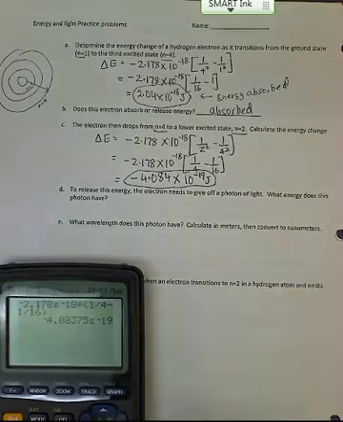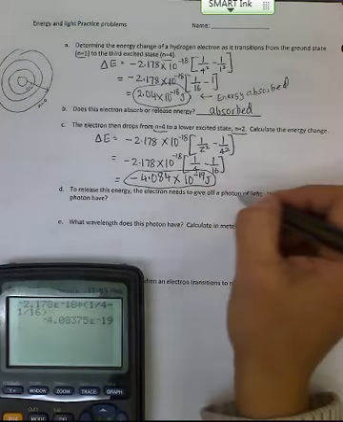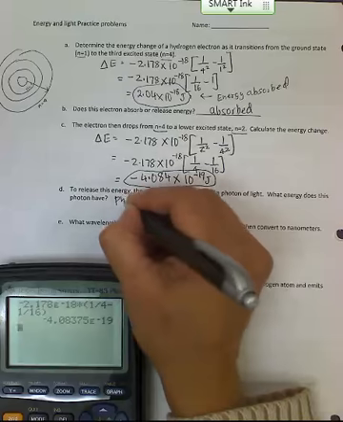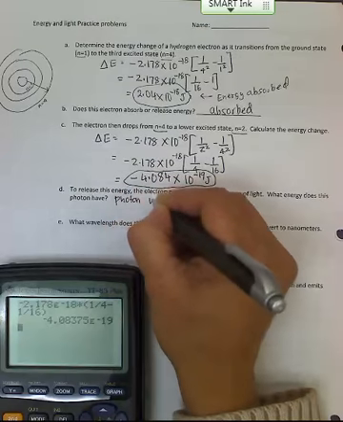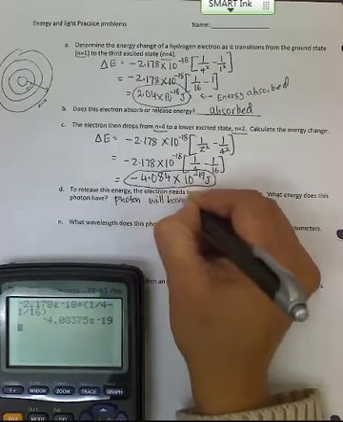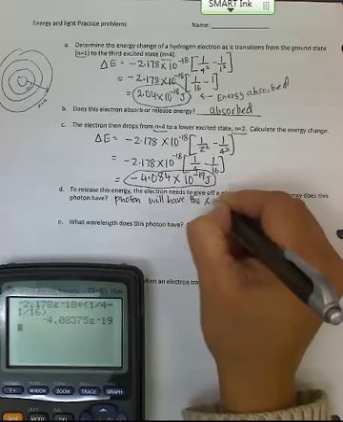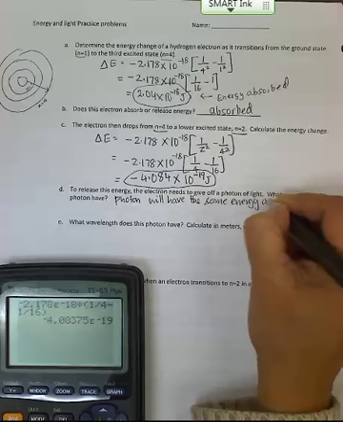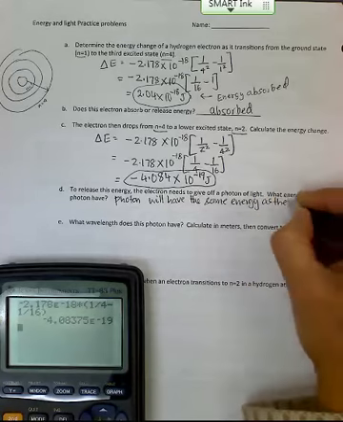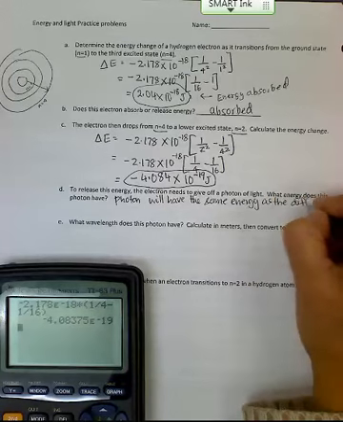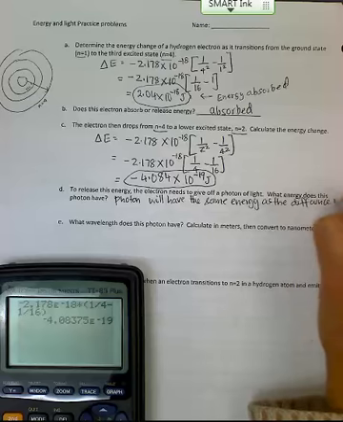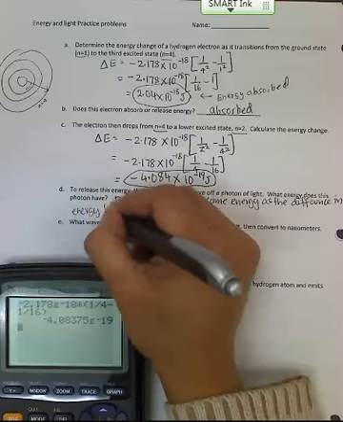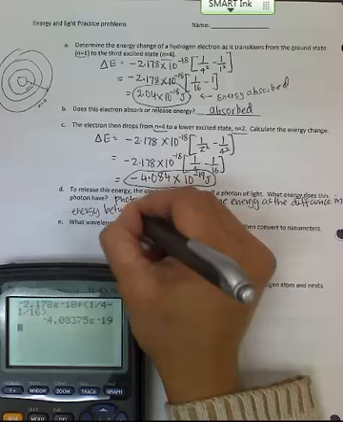Now, to release this energy, the electron needs to give off a photon of light. What energy does the photon have? The photon will have the same energy as the difference in energy between the levels.